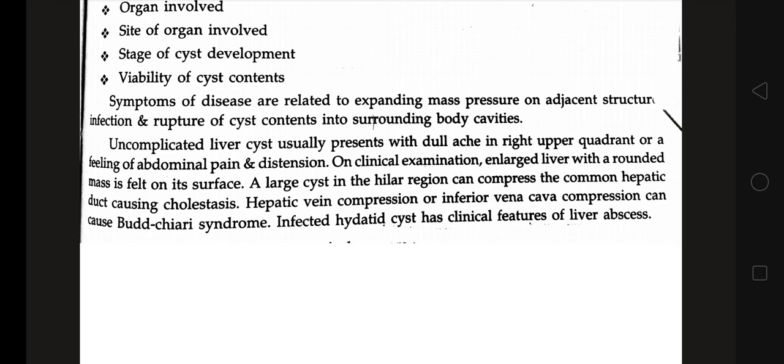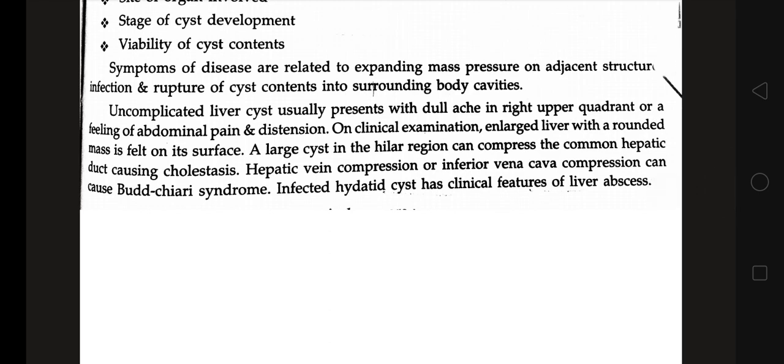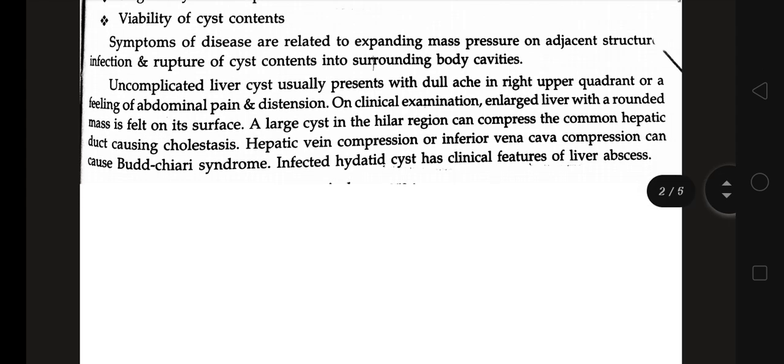When the cyst grows, it puts pressure on the adjacent structures or organs, and it will disrupt the functions of the surrounding organs. If the cyst bursts, it will release its contents and cause infection in the nearby organs.